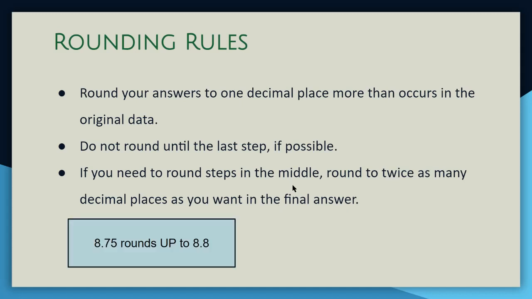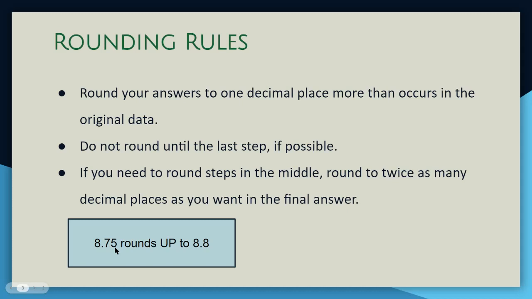Quick review of rounding. If I want to round to the 10th place, I look at the number in the 100th place. So I want 8.75 to be 8 point something. If the number next to the place I'm interested in is 5 or higher, I round up. So I want to round to the 10th place.